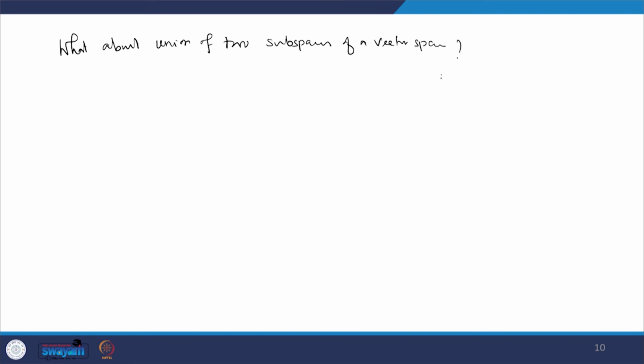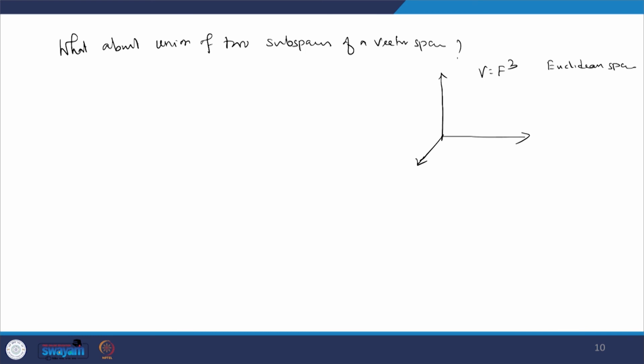Let me take our very well known vector space, F3 or R3. So V is equal to F3, the set of all 3-tuples. This is basically the collection of all the points in Euclidean space.